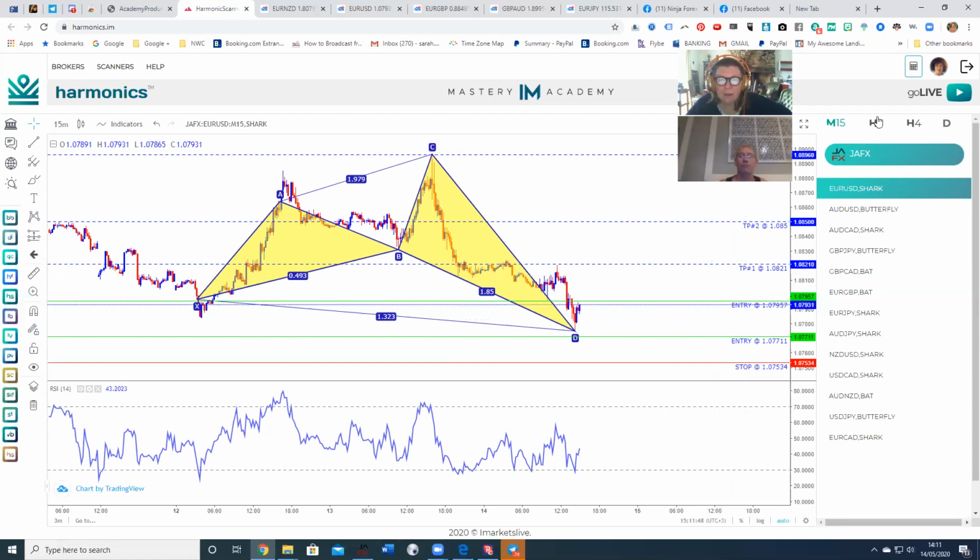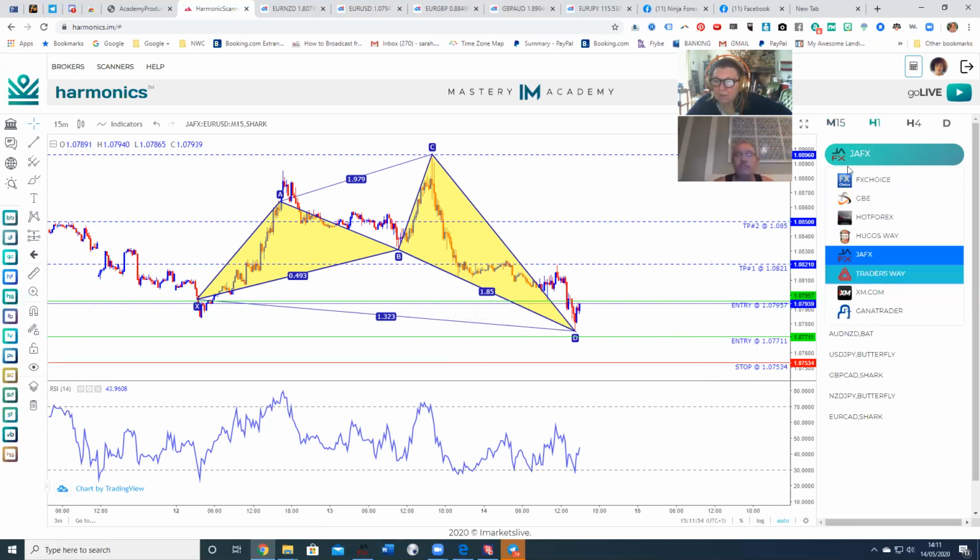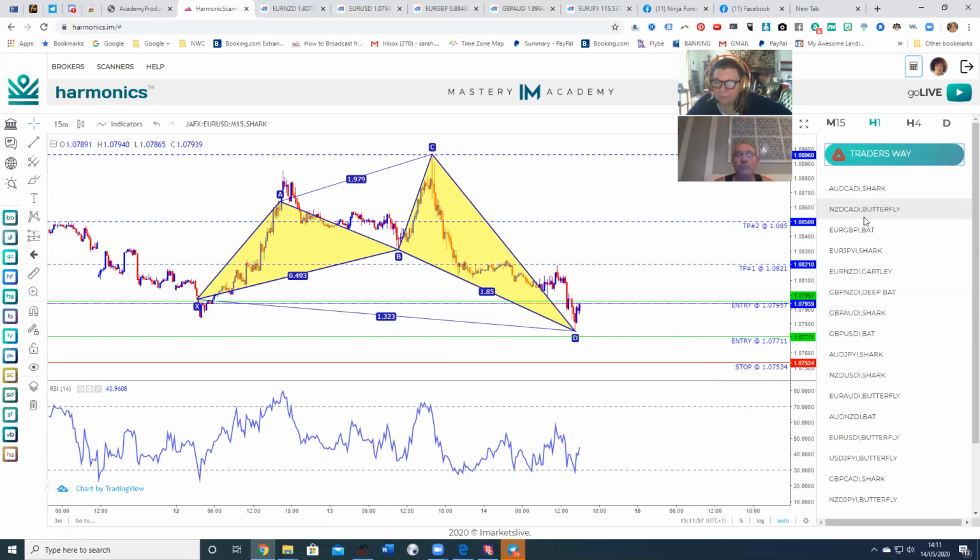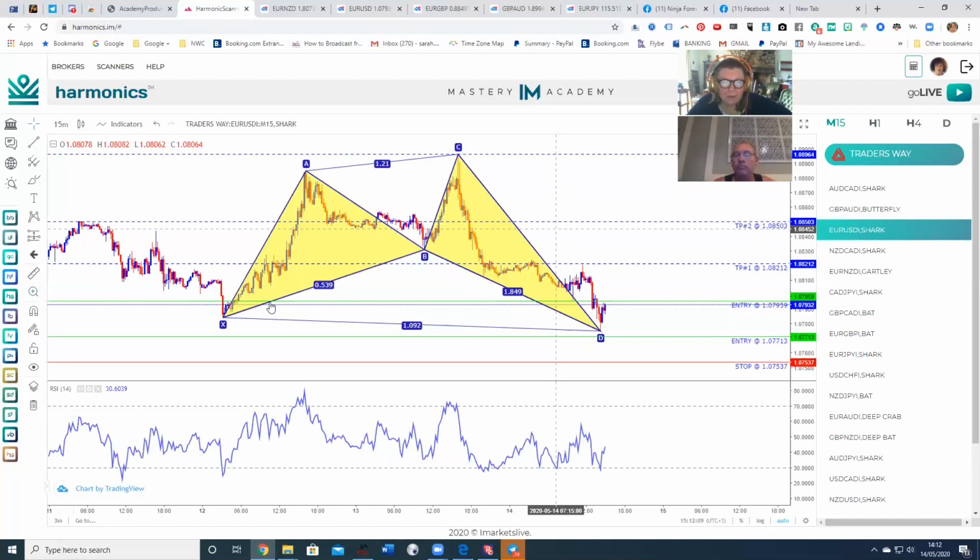If I just show you the main feed, Traders Way, it doesn't matter which of these brokers you click on, they're all much of a muchness. I just tend to always start with Traders Way because it's the main feed for the site. So there's Euro USD, they all show up pretty much the same.